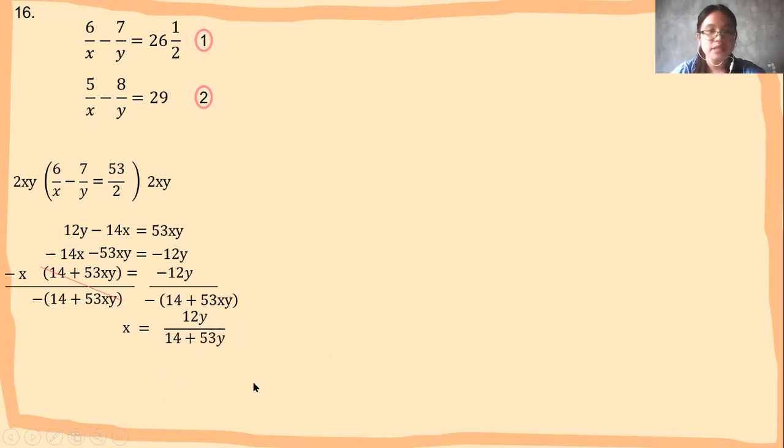So the next step is let's solve for y using the substitution method. So let's substitute our initial value of x. For y, we'll be using equation number 2. So we have 5 over x minus 8 over y is equal to 29.